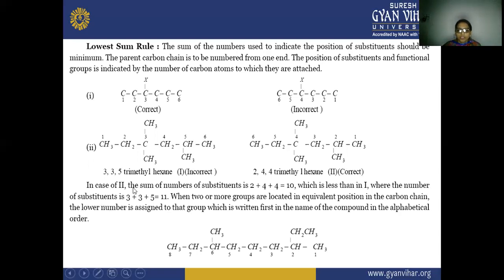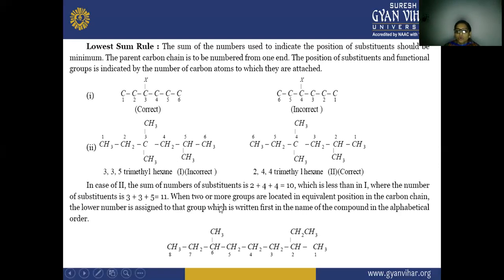In the case of the second, the sum of the numbers of the substituents is 2 plus 4 plus 4 equals 10, which is less than the first, where the sum is 3 plus 3 plus 5 equals 11. So we have to take the lowest sum rule to name our compound. Here this is correct and this is incorrect.